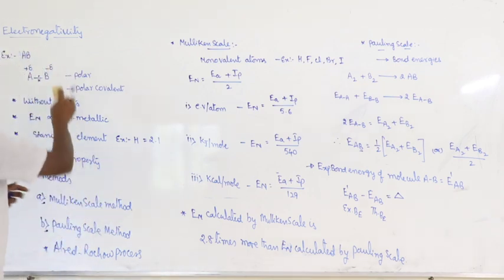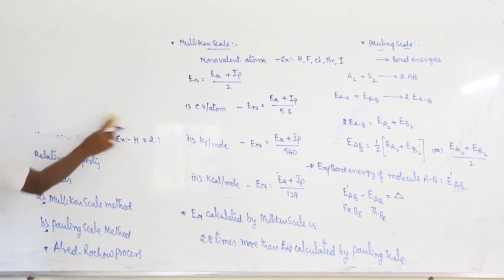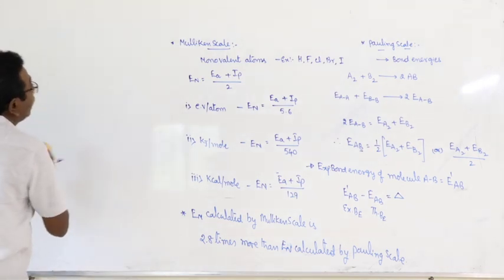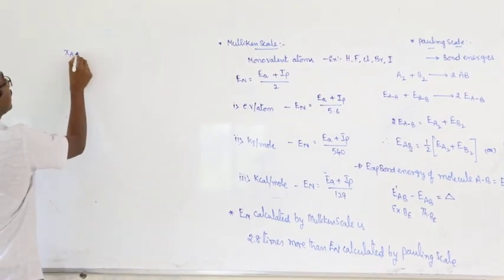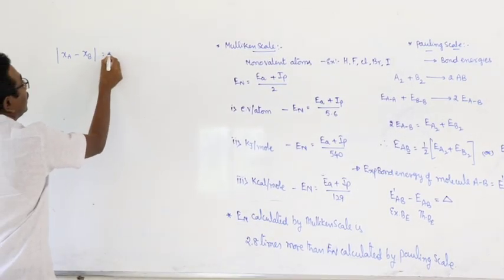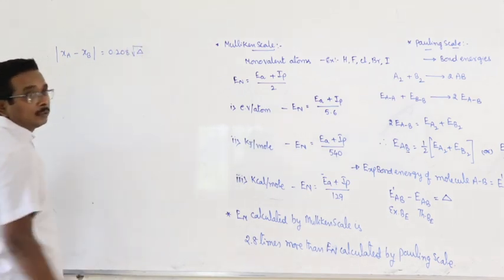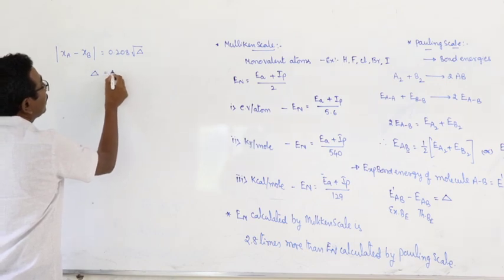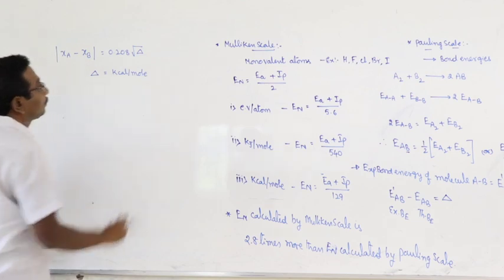Based on this delta value, Pauling gave an expression to calculate the electronegativity. What is that? Here, Pauling expression, modulus of XA minus XB is equal to 0.208 into root delta. This formula is used when delta is given in terms of kilocalories per mole.